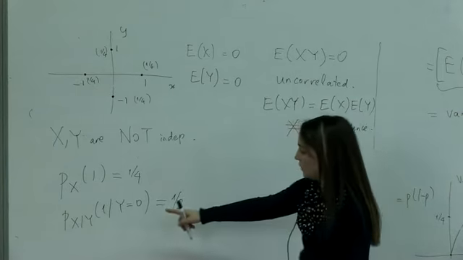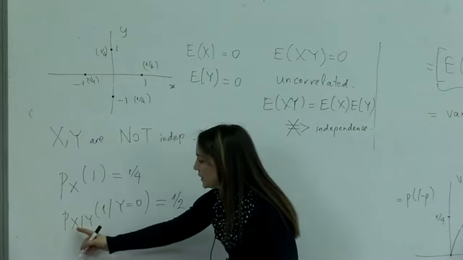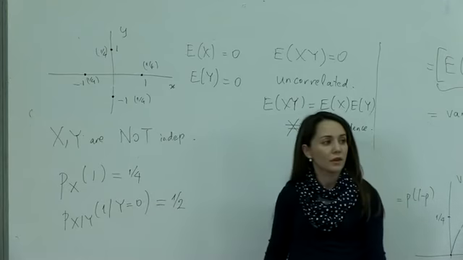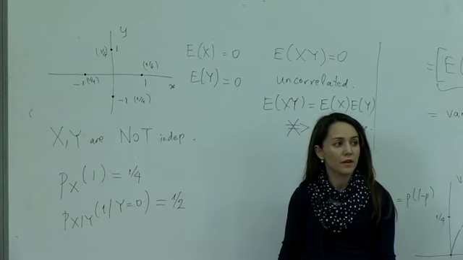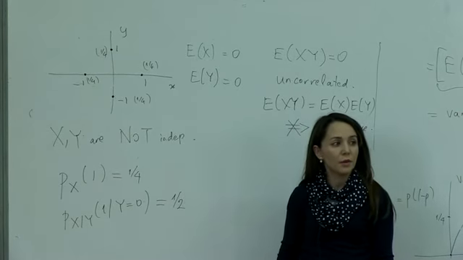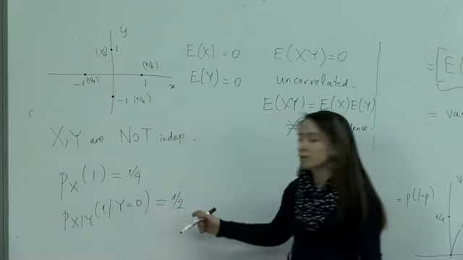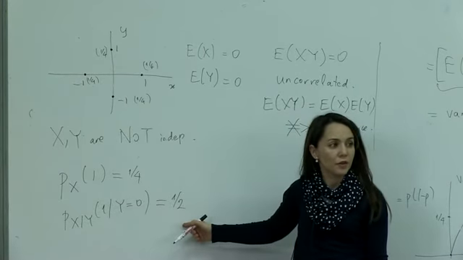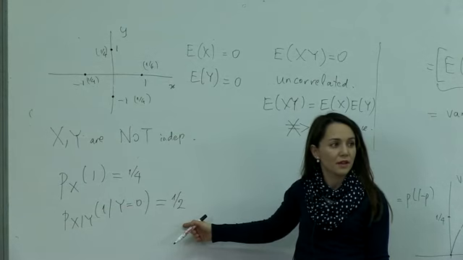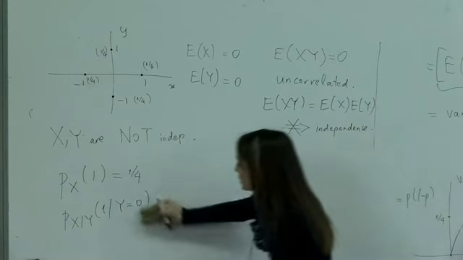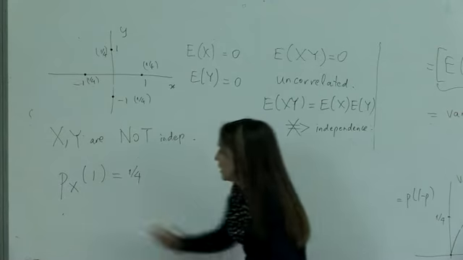Okay. This is the probability that x is equal to 1 given y equals 0. The probability that x is 1 given that y equals 0 is 1/2. Do you agree? Let me clarify the notation again.